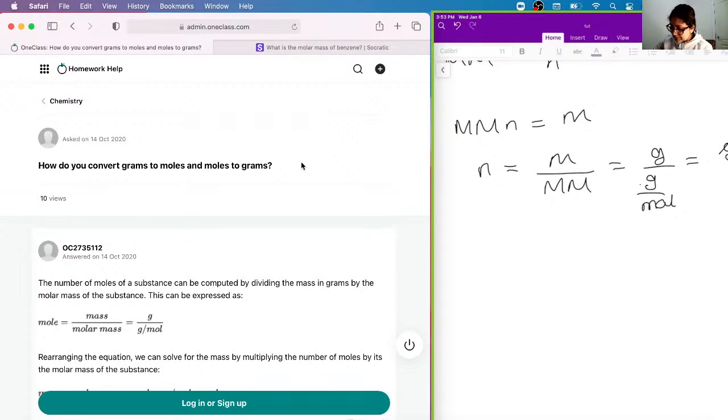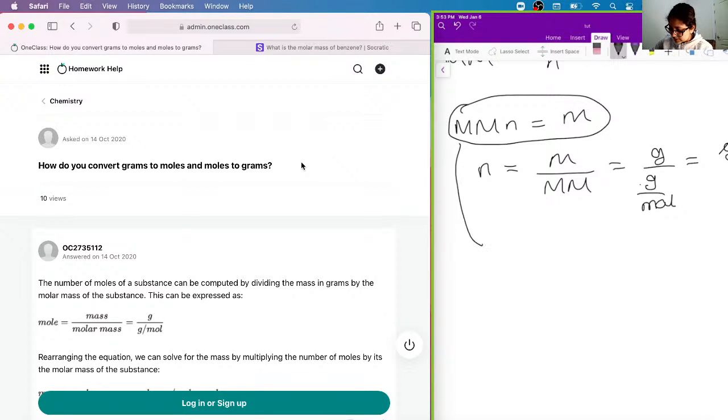Now if you want to find mass, this is your formula: mass is equal to molar mass times your number of moles. So this is grams per mole times moles.